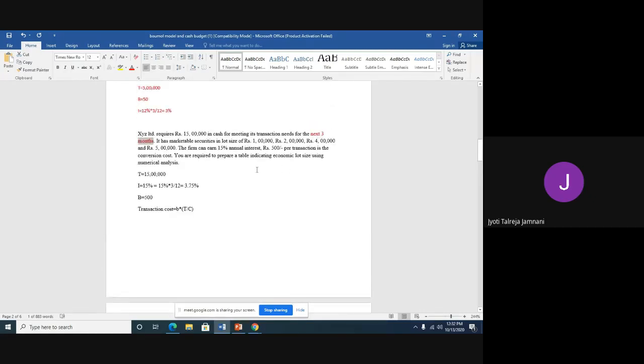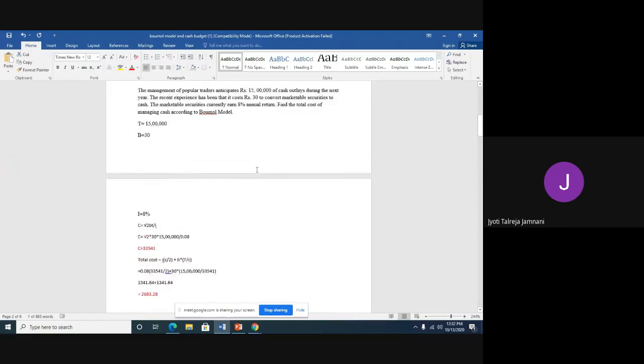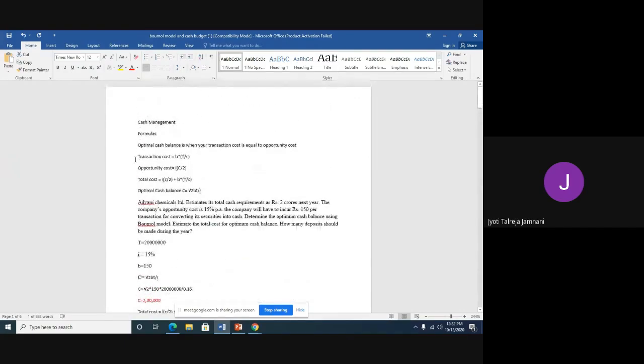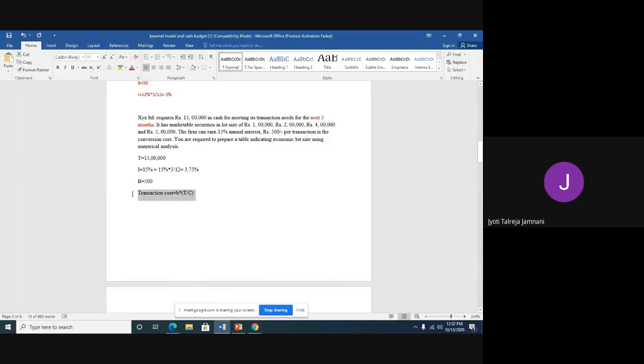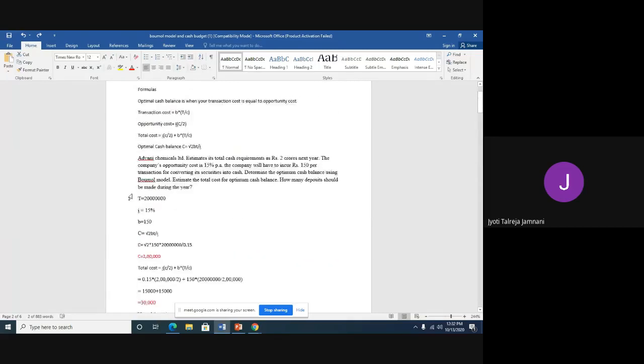Okay, now what have they asked us to do? They've asked us to use the tabular method and do the problem. Now the formulas I had mentioned in the beginning, you will have to follow the same. These are the formulas of transaction cost, opportunity cost and total cost. Before we start with the tabular method, what is the difference between the tabular method and the formula method?